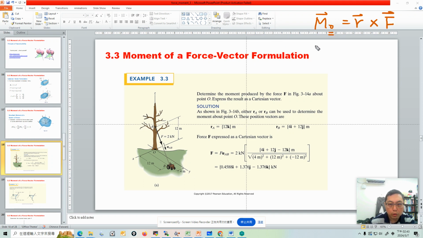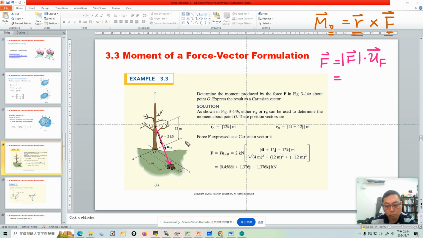So we need the position vector and the force vector. The force vector is obviously here, because this tractor is pulling in this direction, and it gives you the force. The force vector is a magnitude times the unit vector of force, and we know the magnitude is 2 kilonewton.